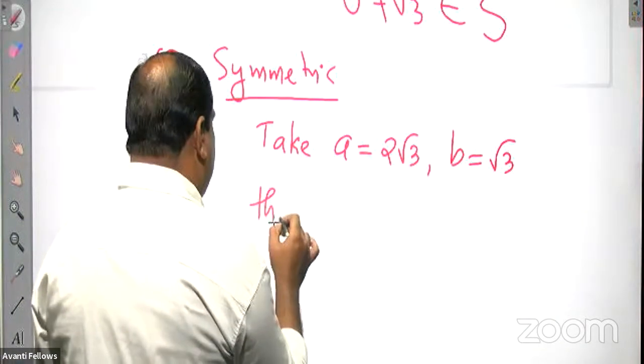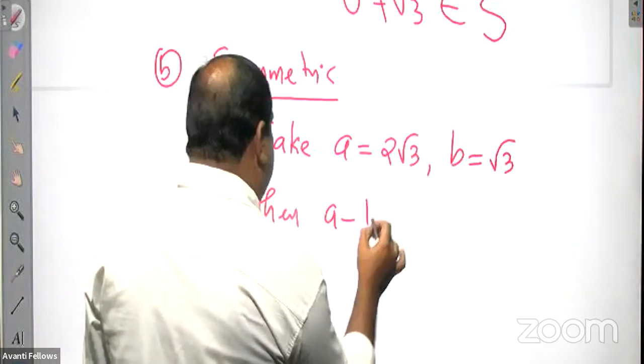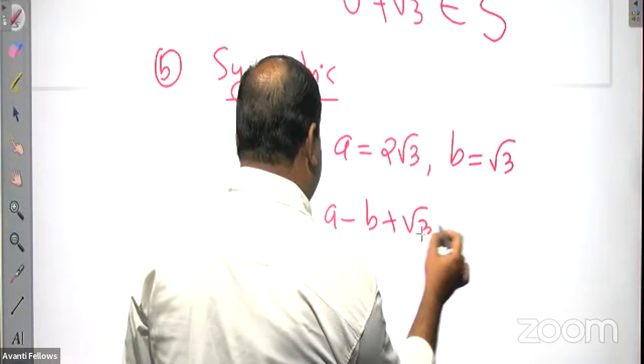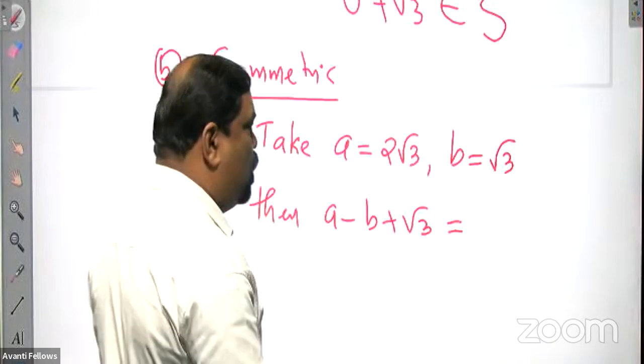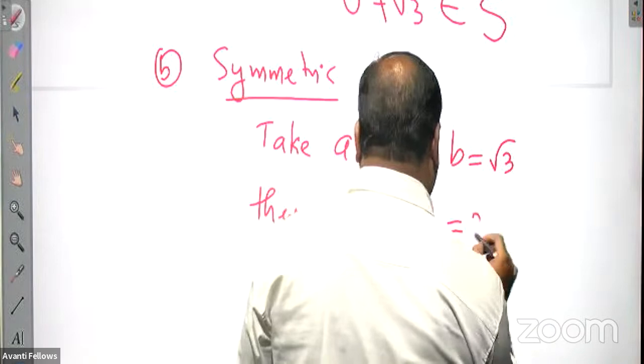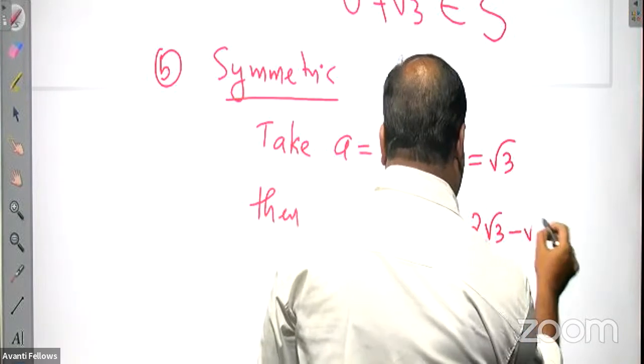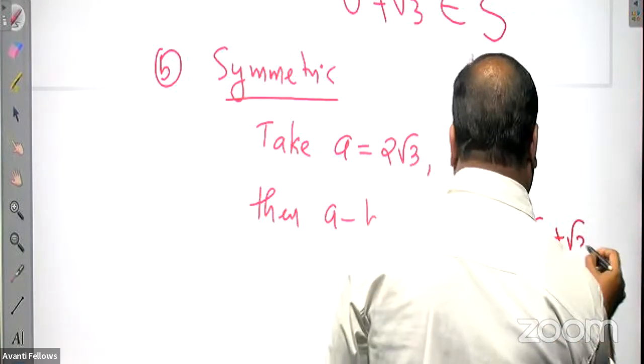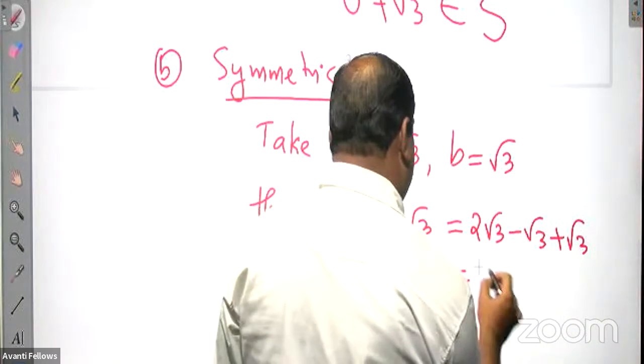Then A minus B plus root 3 means 2 root 3 minus root 3 plus root 3, and that's equal to 2 root 3.